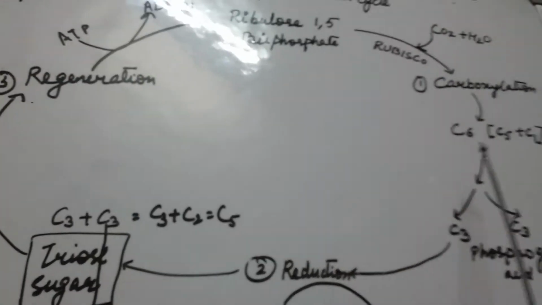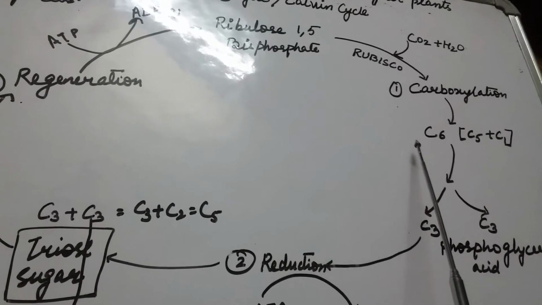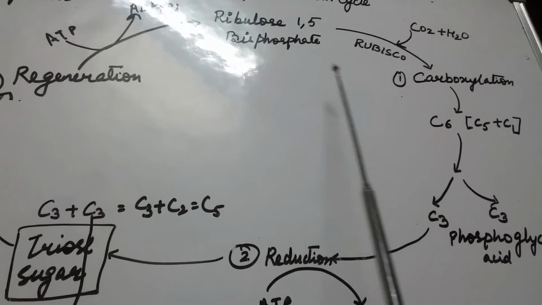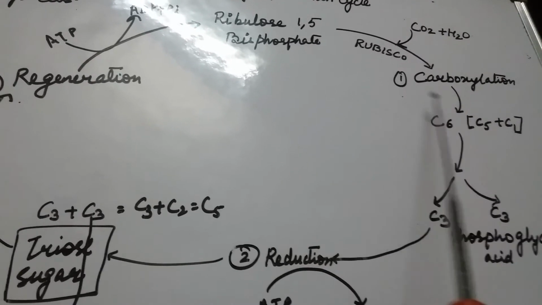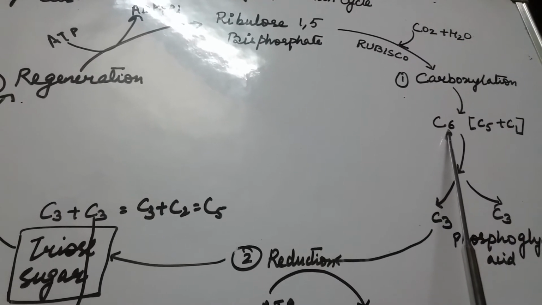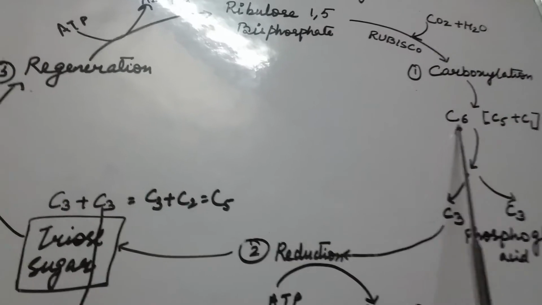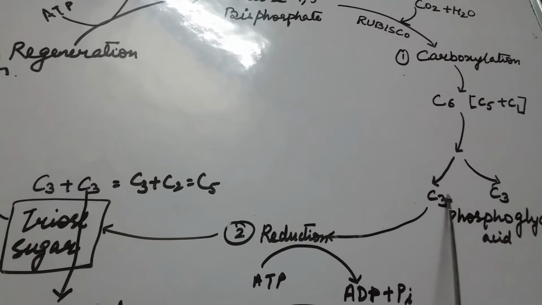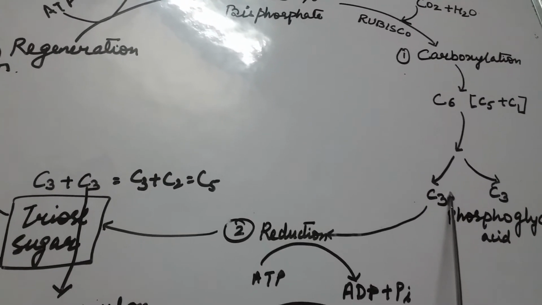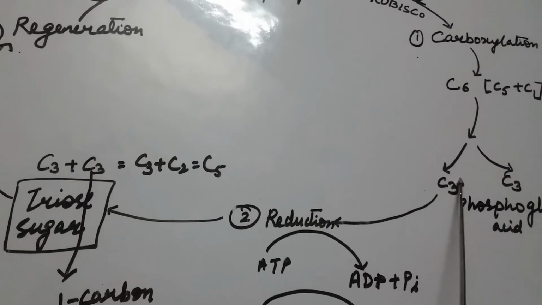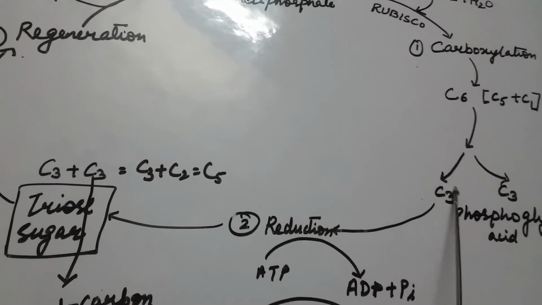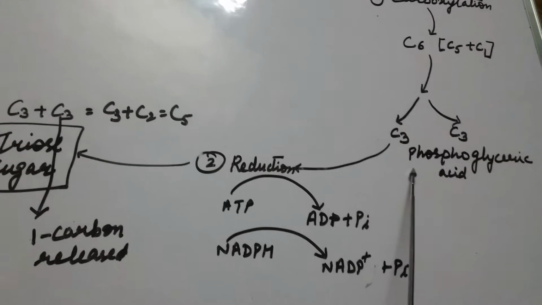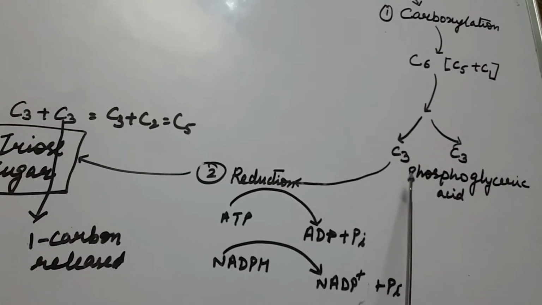After this, the C6 compound is formed, that is C5 plus 1 carbon dioxide results in the formation of C6, which is an intermediate, thereby leading to the formation of two molecules of C3 compound, that is two molecules of phosphoglyceric acid.